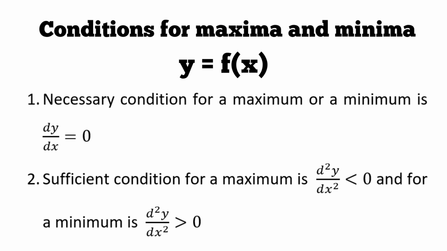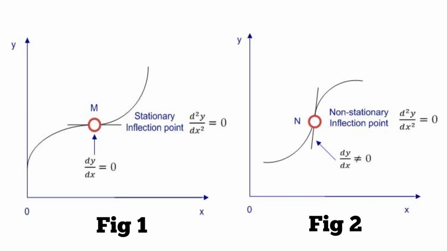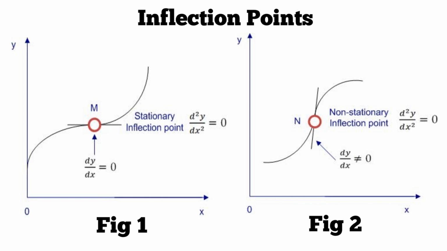There are 2 interesting cases in this process. Observe the 2 figures. In figure 1, both the first and second derivative are equal to 0. Such a case is known as a stationary inflection point.